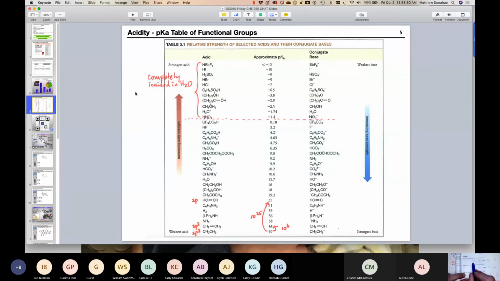So 334. So I've just written some numbers, 1, 2, 3, 4, so that we can communicate with each other about this. On the reactant side, 1 and 2, which one is the acid and which one is the base?